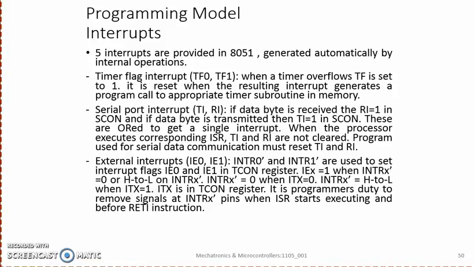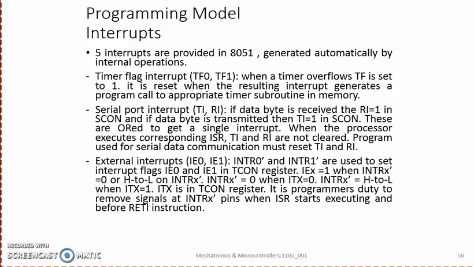External interrupts IE0 and IE1. INT0 bar and INT1 bar are used to set the interrupt flags IE0 and IE1 in the TCON register. IE is equal to 1 when INT bar is equal to 0 or a high to low transition is given on INT bar. INT bar is low-level triggered when IT is equal to 0, and INT bar is high to low transition triggered when IT is equal to 1.